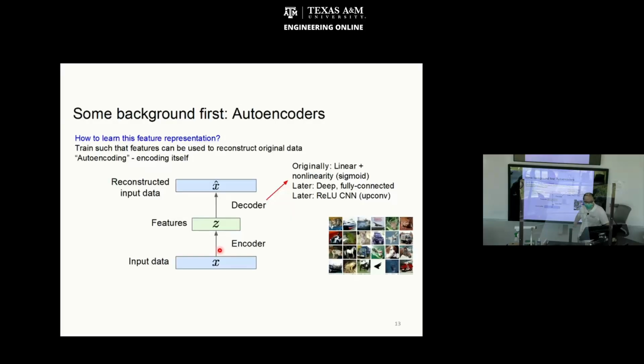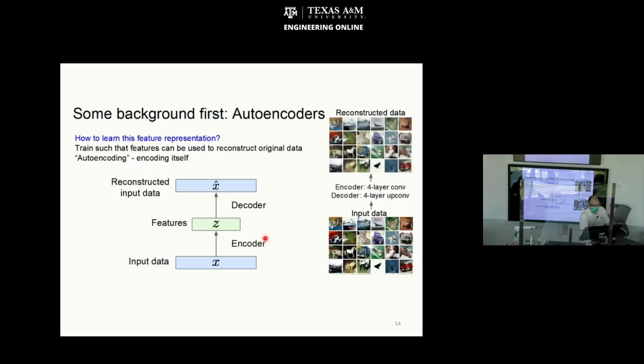You start with the input X, and the encoder generates the hidden variables, or features Z. Then you feed those Z to a decoder, and this decoder generates the reconstructed input data X hat, and you want X and X hat to be as close as possible. We have learned this before, the encoder-decoder architecture. Back then, we talked about different choices of the blocks, and even in language models, how we pre-train them.